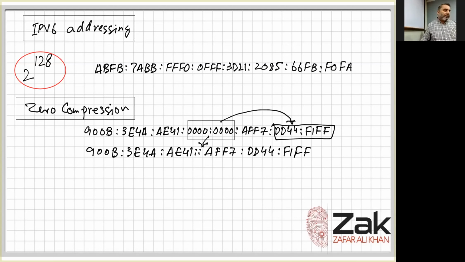All right. There are other things as well that reduce IP version 6 address length.